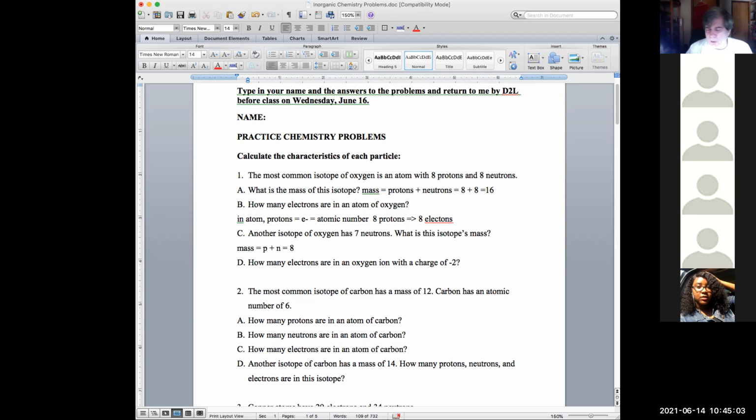The number of protons in an element is always the same. So up above, it told us that oxygen has 8 protons. This means whenever we talk about oxygen, it will have 8 protons. If it doesn't have 8 protons, it's not oxygen. So our number of protons is 8. In this case, it tells us that our number of neutrons is 7. So our mass will be 15, the protons plus the neutrons.